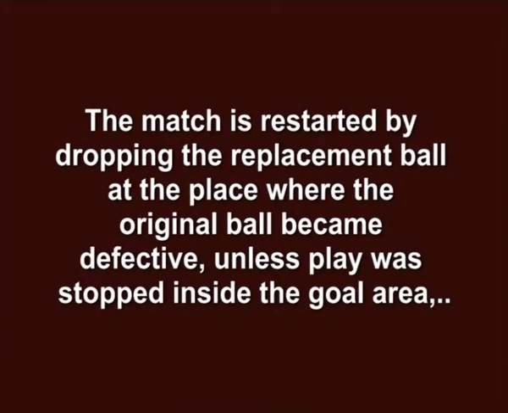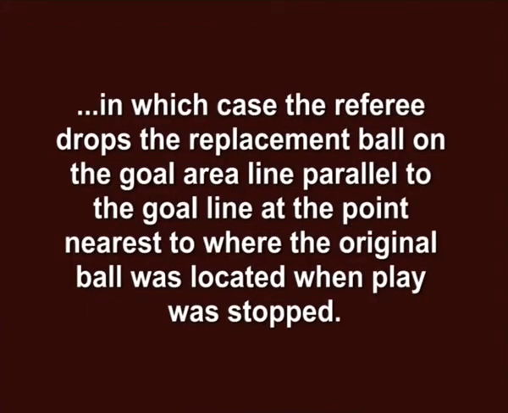The match is restarted by dropping the replacement ball at the place where the original ball became defective, unless play was stopped inside the goal area, in which case the referee drops the replacement ball on the goal area line parallel to the goal line at the point nearest to where the original ball was located when play was stopped.